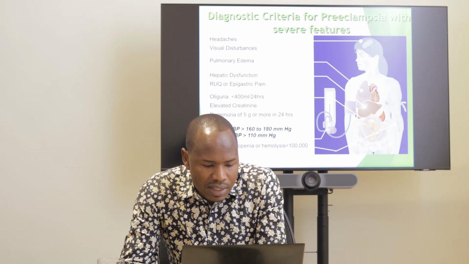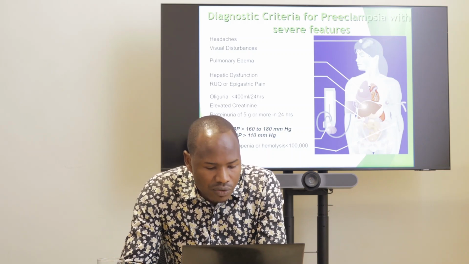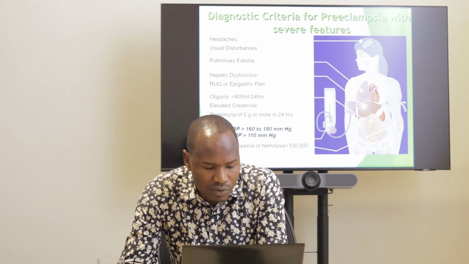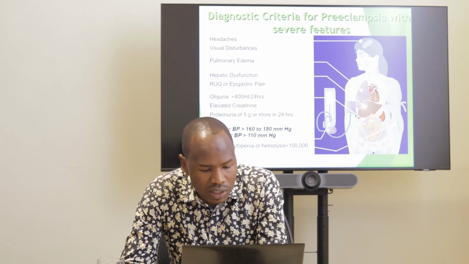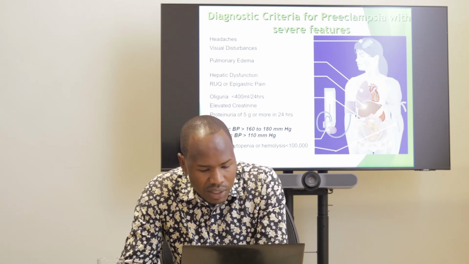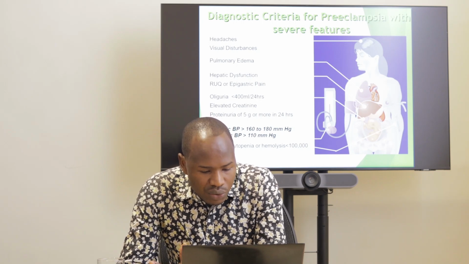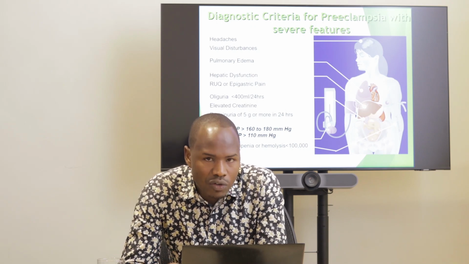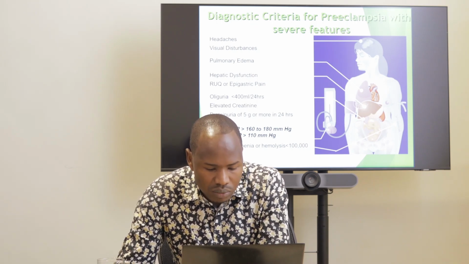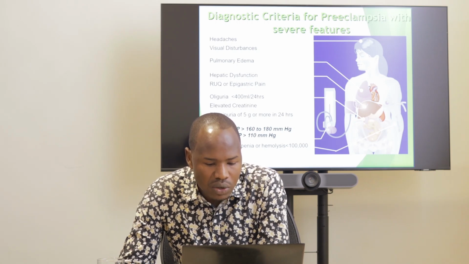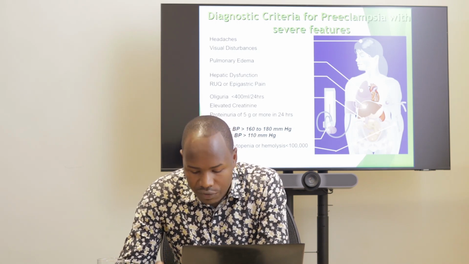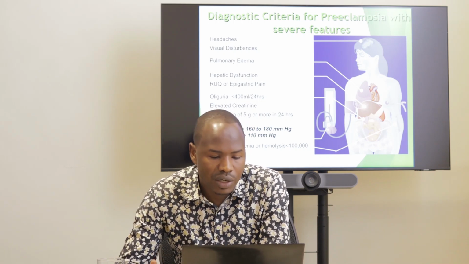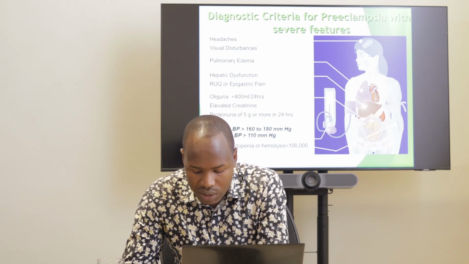And plus there is systolic blood pressure of greater than 160 to 180 millimeters of mercury, and diastolic blood pressure of greater than 110 millimeters of mercury, and proteinuria or hemolysis, thrombocytopenia of less than 100,000, plus those features of preeclampsia without severe features will lead to preeclampsia with severe features.